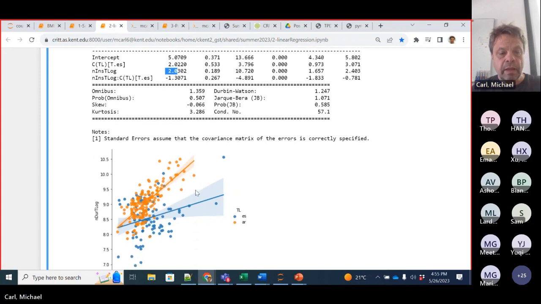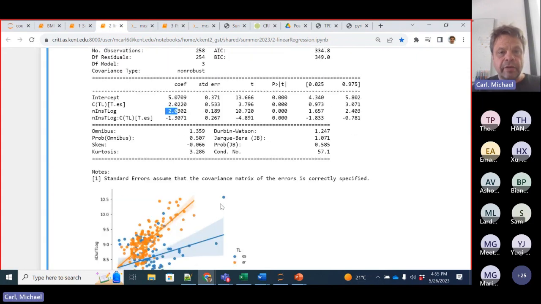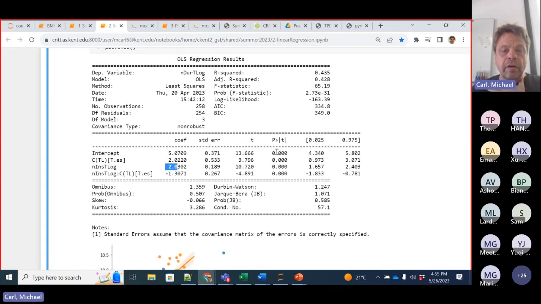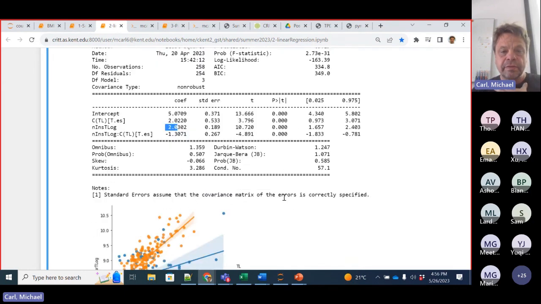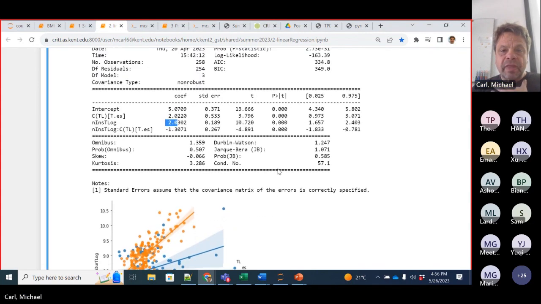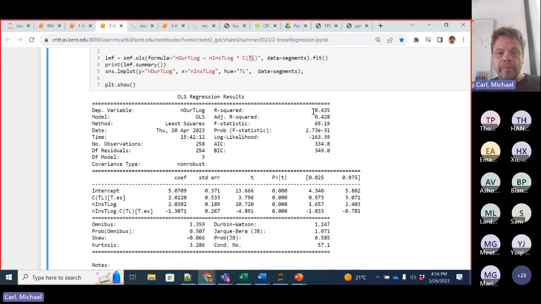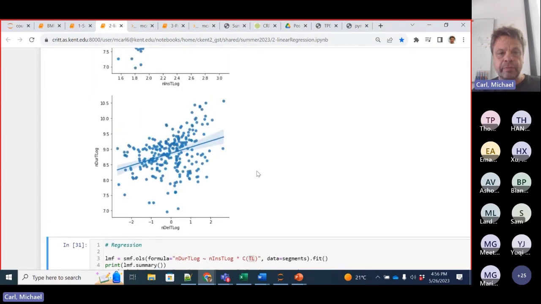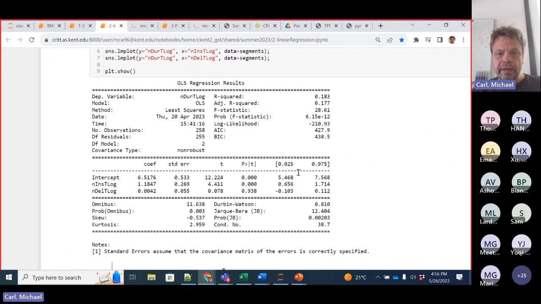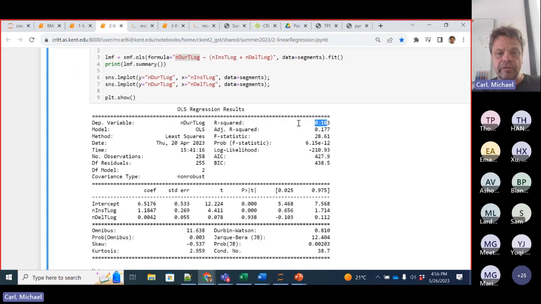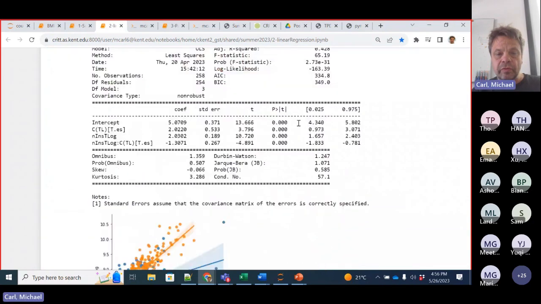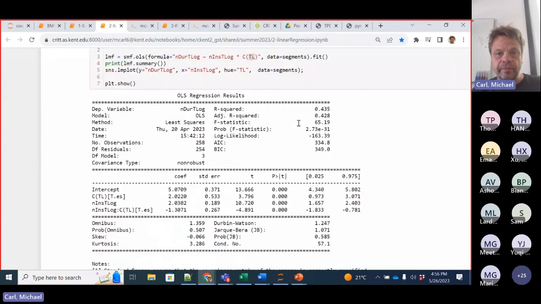That would be this slope here. And you can see that all these relations are significant. They all have quite small p-values. This model already explains the relation between the variables much better than this model here, which does not take into account the two different languages.